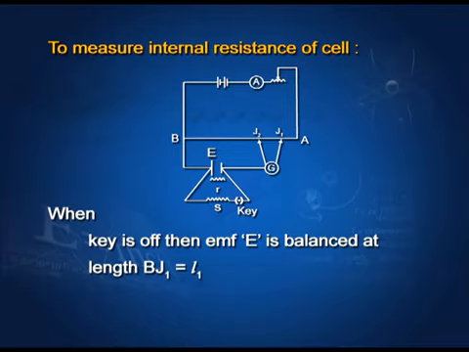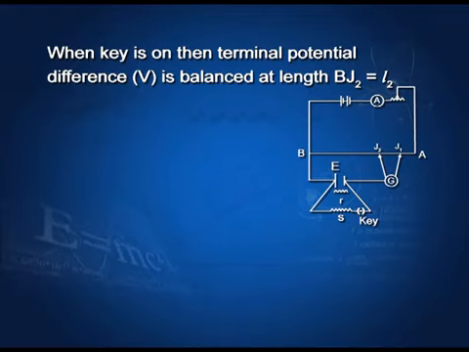When the key is off, the EMF is balanced at length BJ1 equals L1. So, E equals KL1. When the key is on, the terminal potential difference V is balanced at length BJ2 equals L2. So, V equals KL2. Dividing EMF by terminal potential difference, we get E upon V equals L1 upon L2.